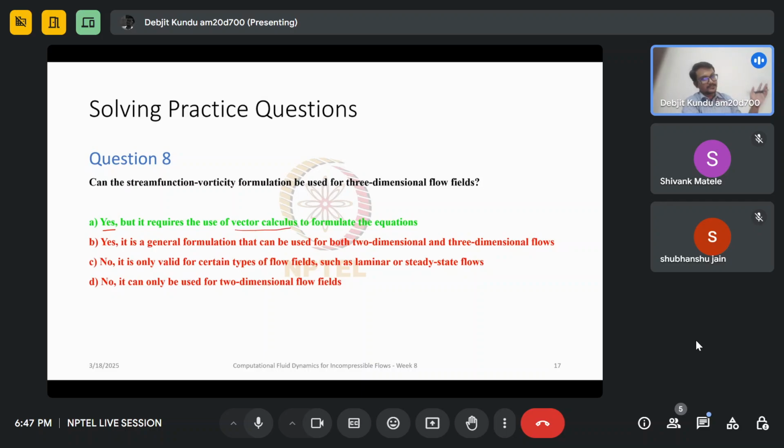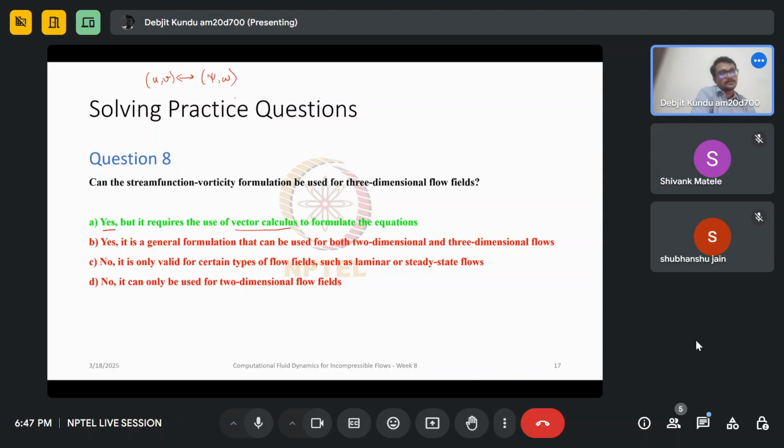So it becomes insanely more complicated when we go to 3D. In 2D, we already saw the relationships between U, V, psi, and omega, so these four things were related to each other in pretty simple ways.